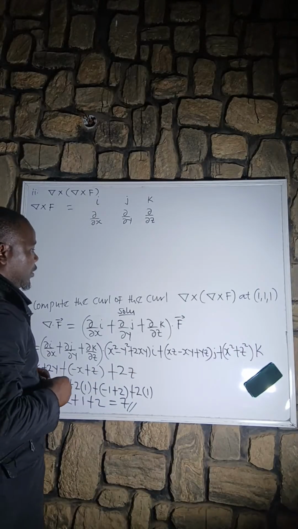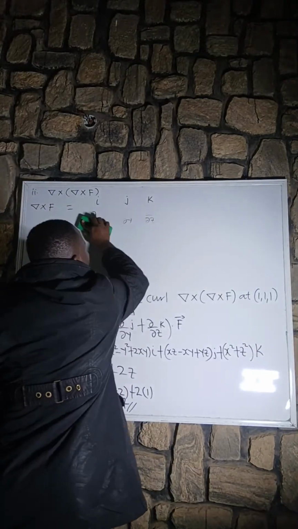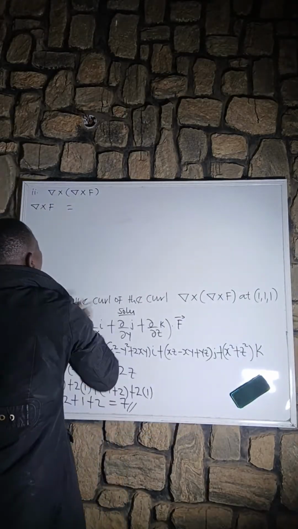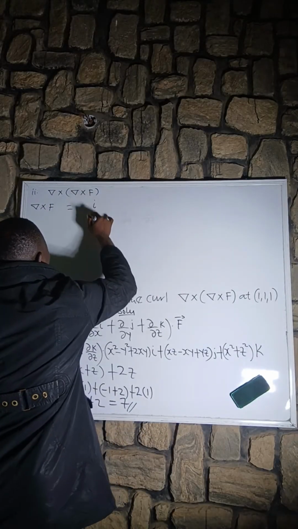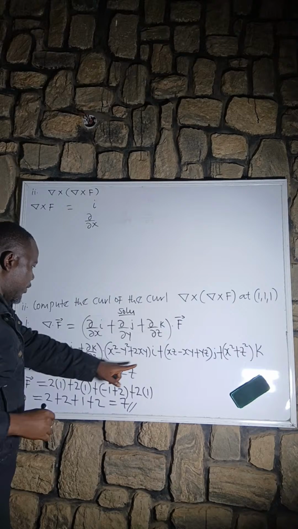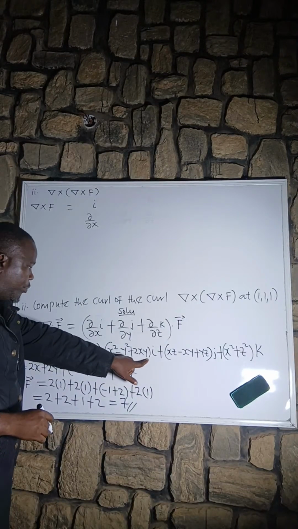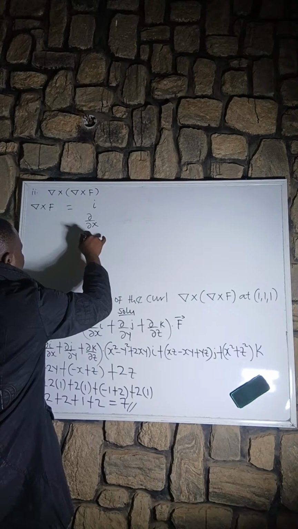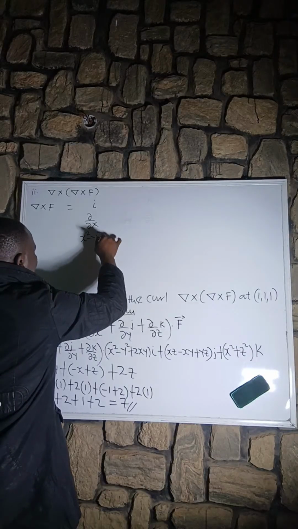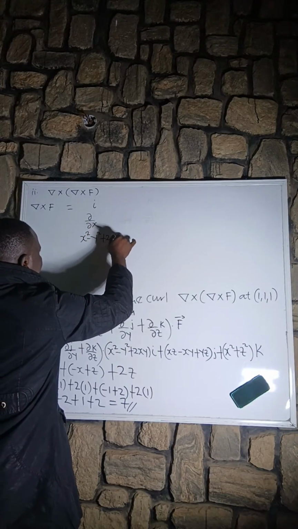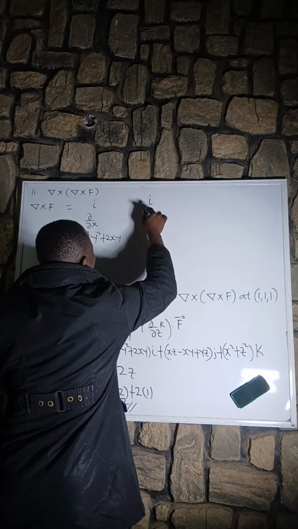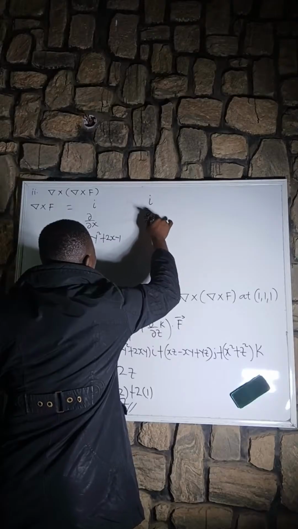Let me just open it very well so that you understand it. Let's write i, partial over partial x. So our i component is this, that is x squared minus y squared plus 2xy. So here will now be j partial over partial y.